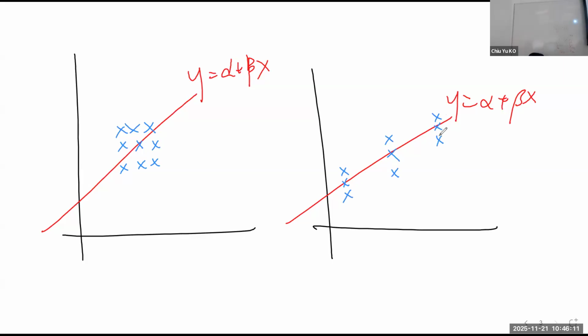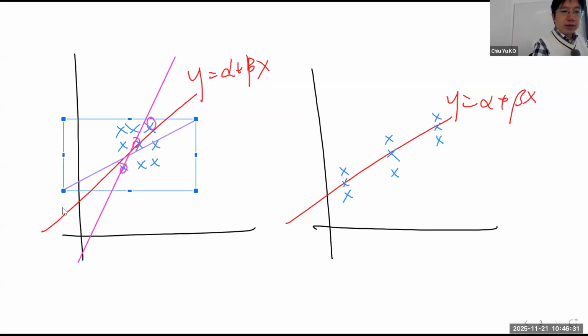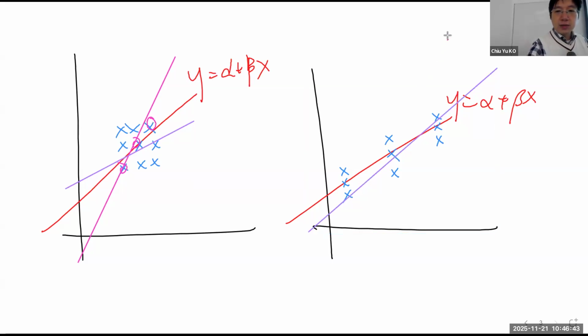You will see if you run this regression, depending on what data you get, suppose this is the data, your regression line looks like this, and can look like this as well. But with this one, it can look like this, and it can also look like that.